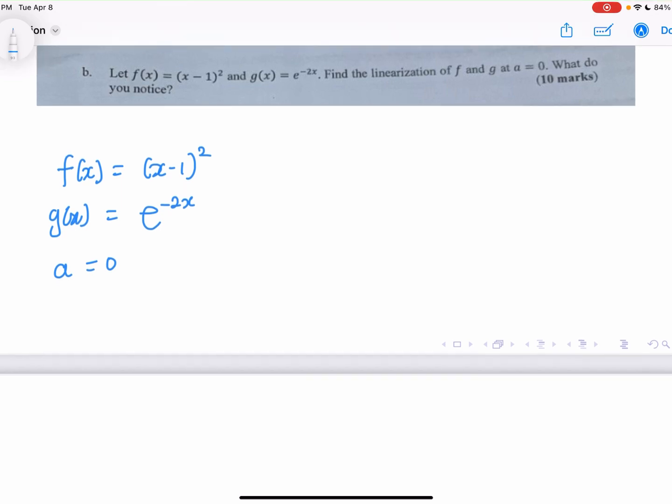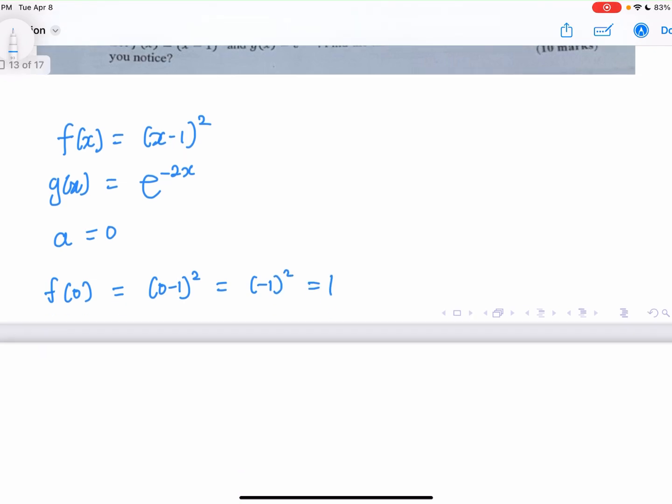So now let's find f of a. That's the function value at a. So here a is 0, so you're going to find f of 0. Now what's f of 0? That's 0 minus 1 squared, that's minus 1 squared, and that's 1. So now let's find f prime of x. We are going to use the chain rule to differentiate this.